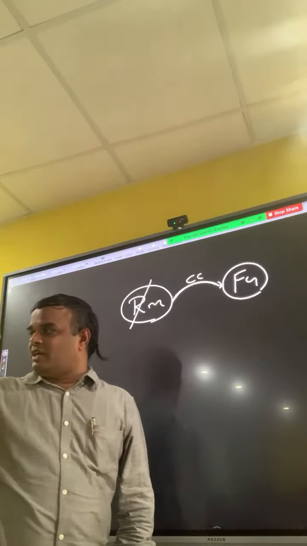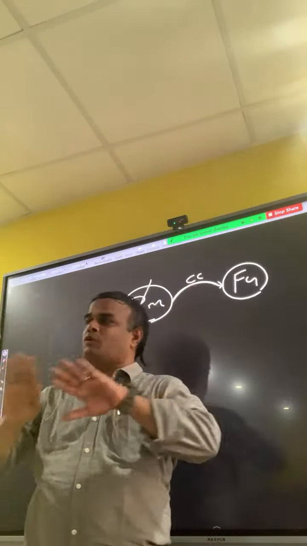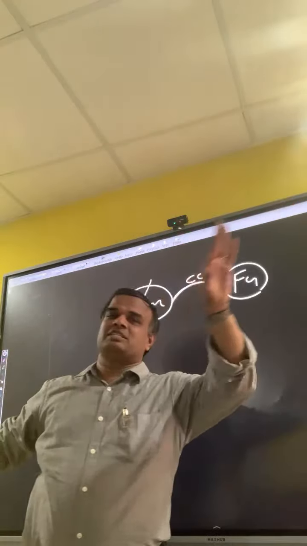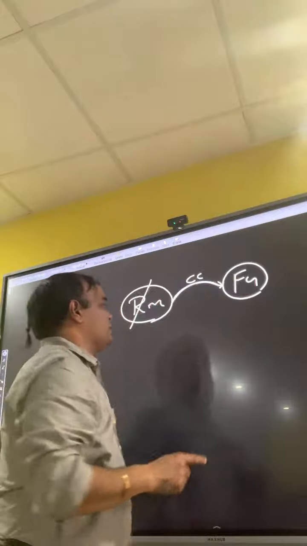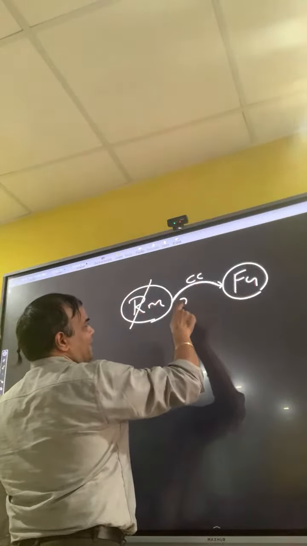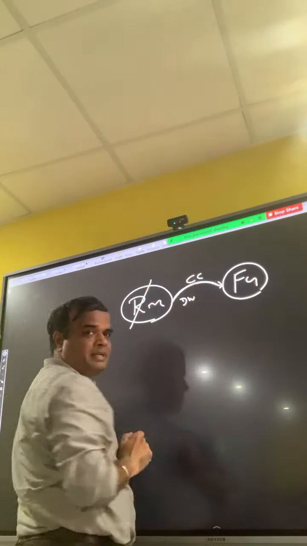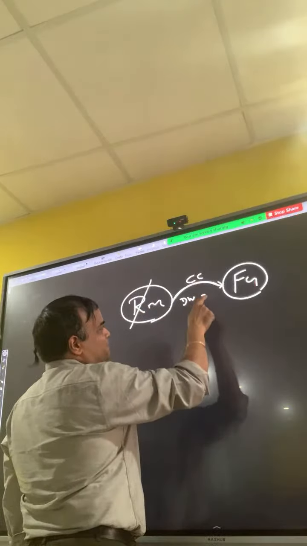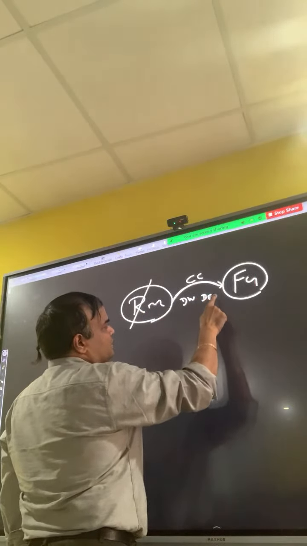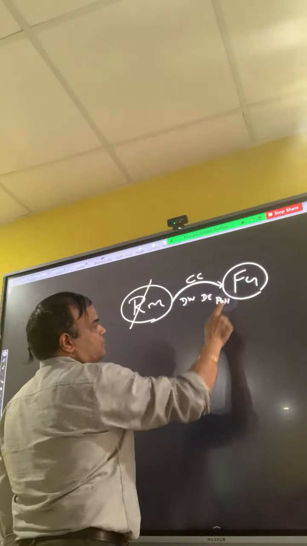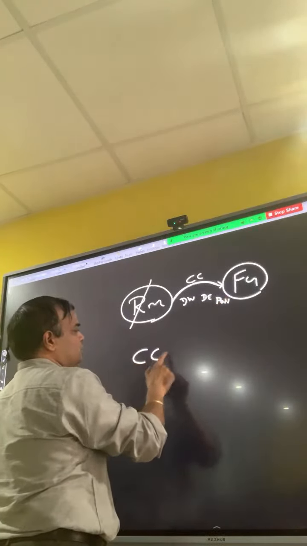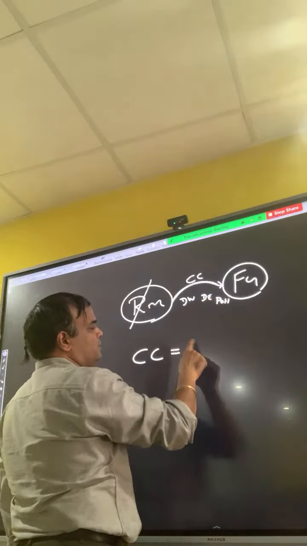We are having raw material, converting raw material into finished goods. Therefore, other than raw material cost is called what? Conversion cost. Other than raw material, what are the costs there? Direct wages will be there. Am I right? Yes. Direct expenses you have to incur, and production overhead you have to incur. So, conversion cost is equal to what plus what plus what?